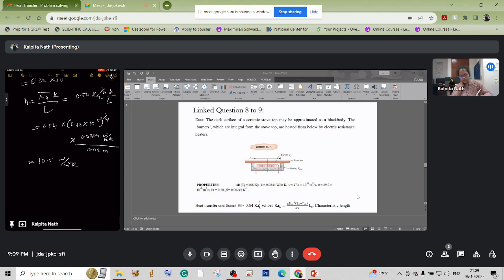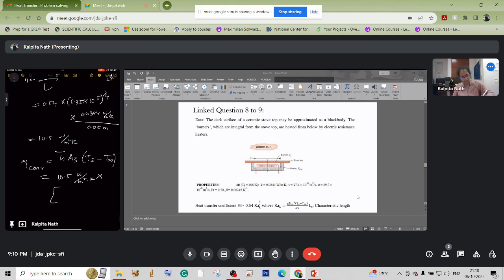Now the convective heat loss is equal to h bar A (T_s minus T infinity). This is equal to 10.5 watt per meter square Kelvin into pi into 0.2 meter whole square upon 4 into 250 minus 20.